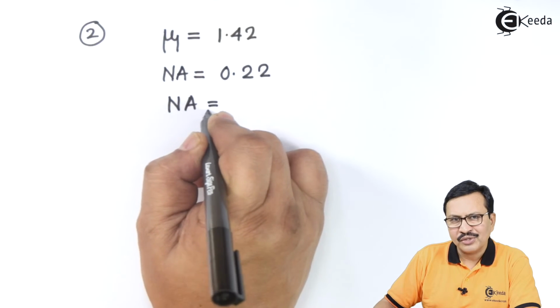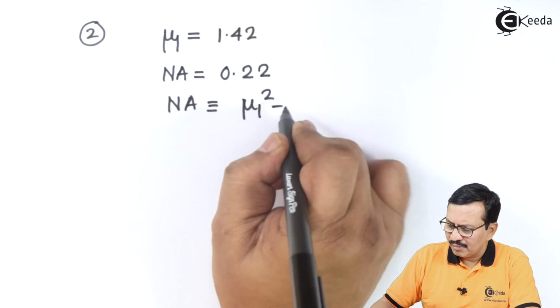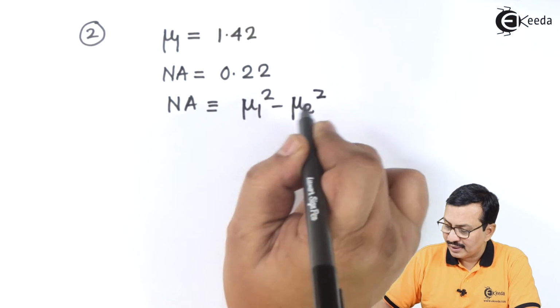Your numerical aperture is equal to the square root of mu1 square minus mu2 square.